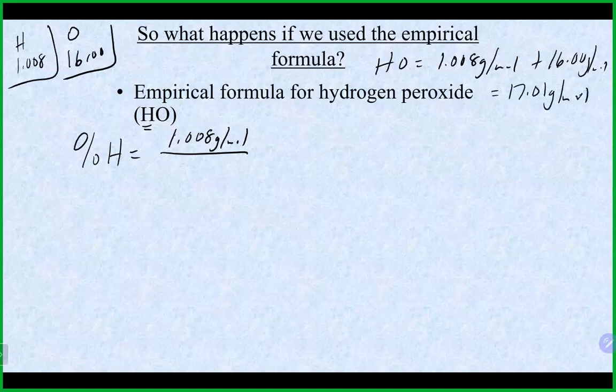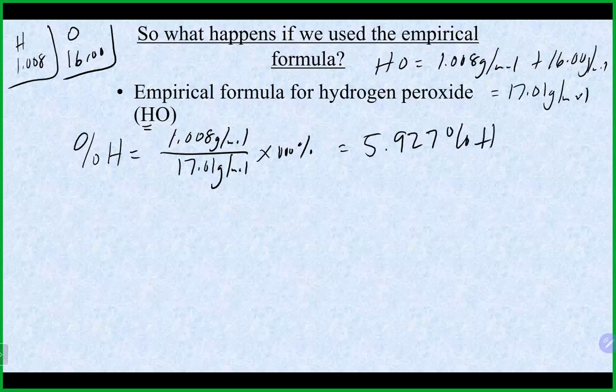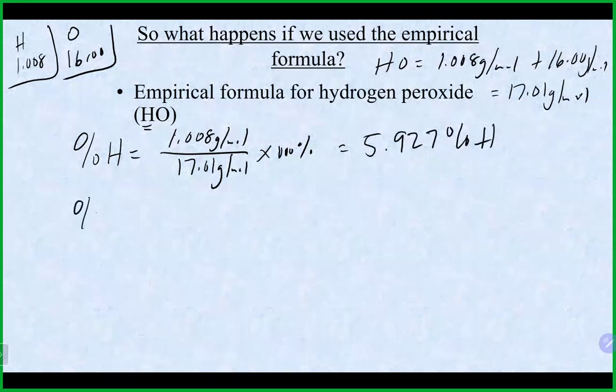So that is what we would divide here by. And again, times it by 100%. So we'll take our 1.008 divided by our answer, times it by 100. And that's going to get us 5.927% here, hydrogen.